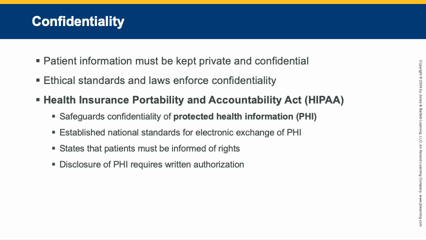The law established national standards for the electronic exchange of PHI and states that patients must be informed of their rights concerning the release of PHI and how it will be used.